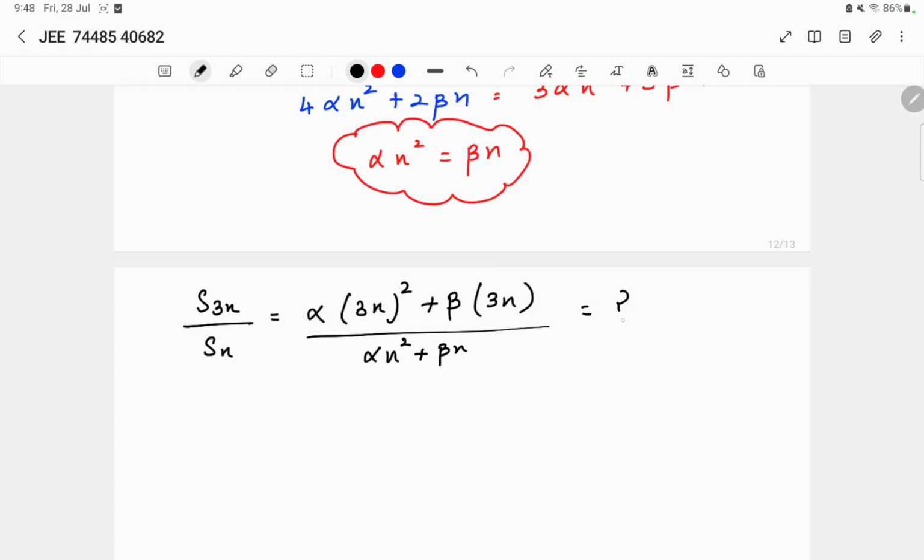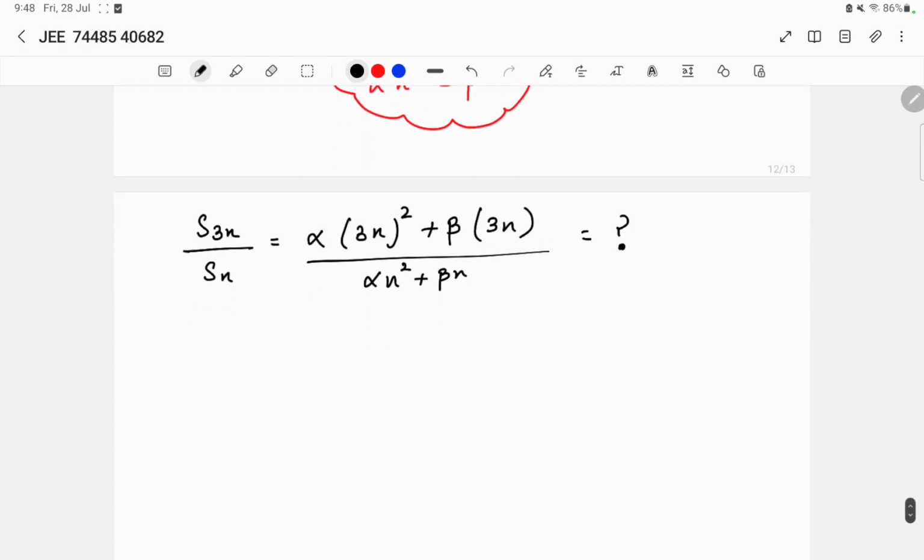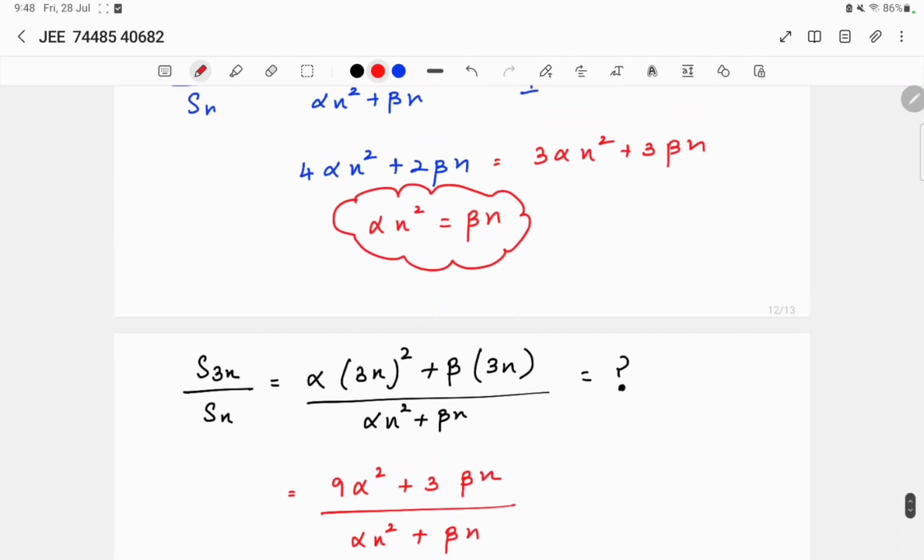Whatever answer we get, that is what we have to find. Now just simplify this: 3 3s are 9. So 9 alpha n square plus 3 beta n divided by alpha n square plus beta n.